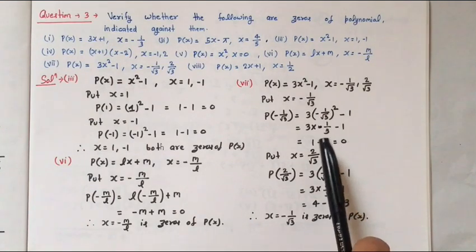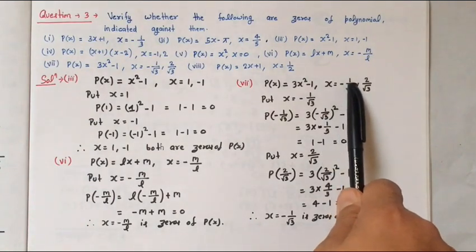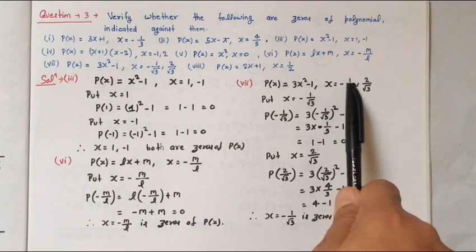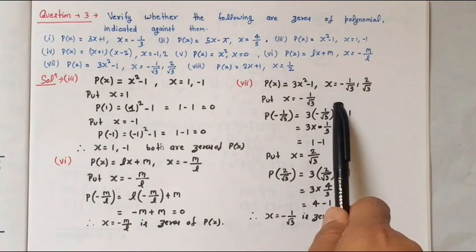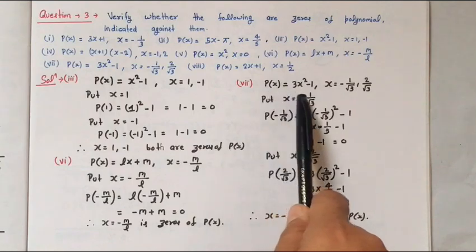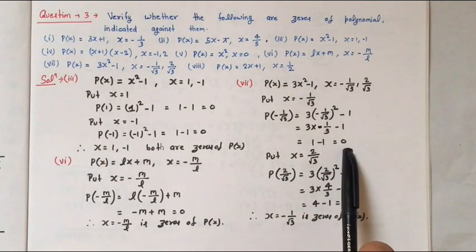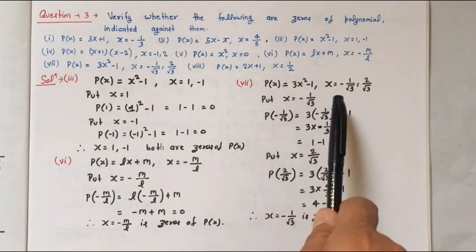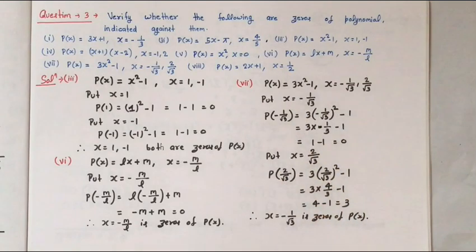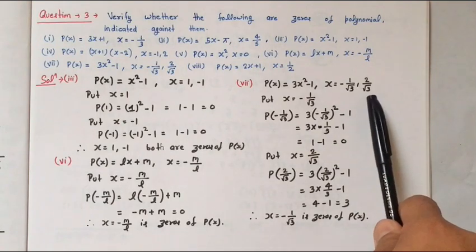This shows that the value x equals minus 1 by root 3 makes the polynomial p of x zero. It means that minus 1 by root 3 is a zero of this given polynomial. Okay, now we are going to check the next one.